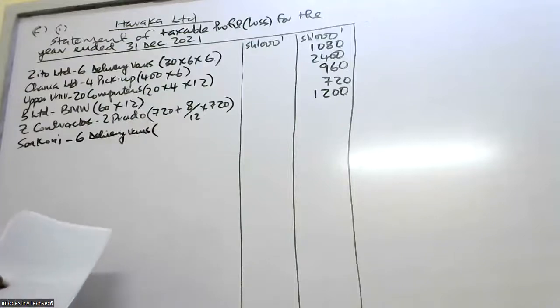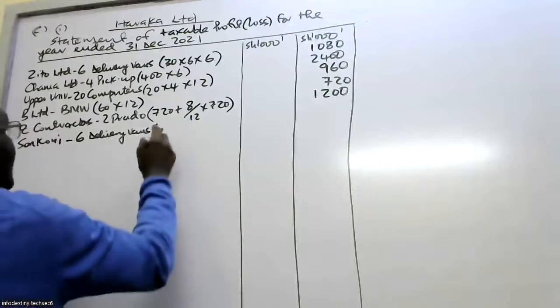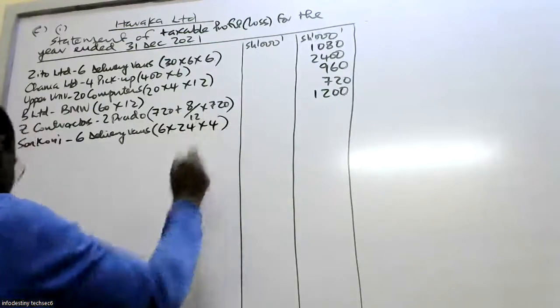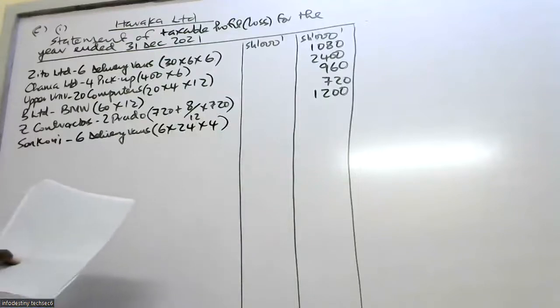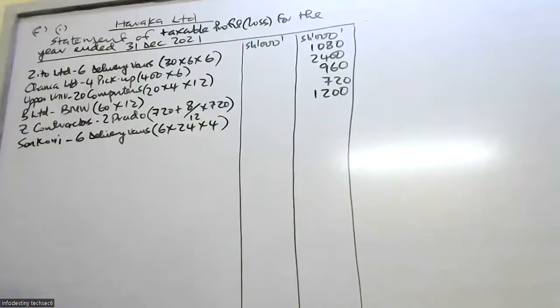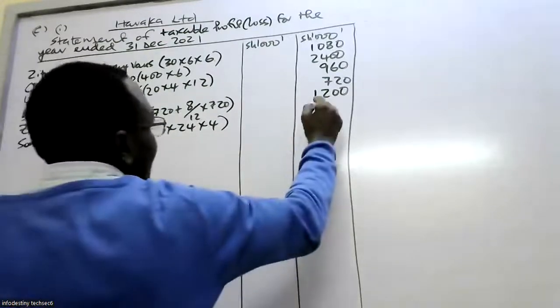Now the 6 vans are 24 each per month for 4 months. So 6 vans at 24 each per month for 4 months should give us what was obtained. So 576.